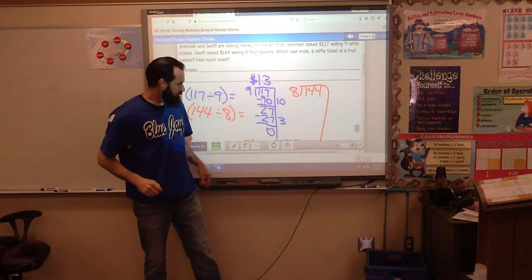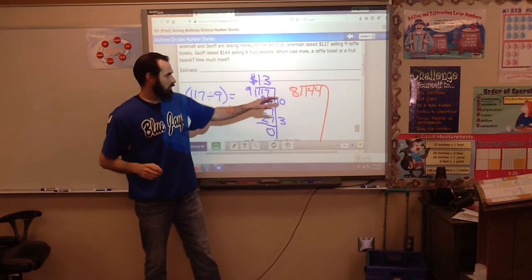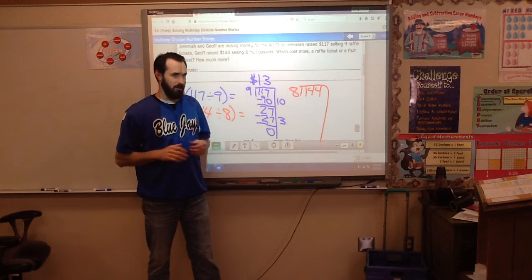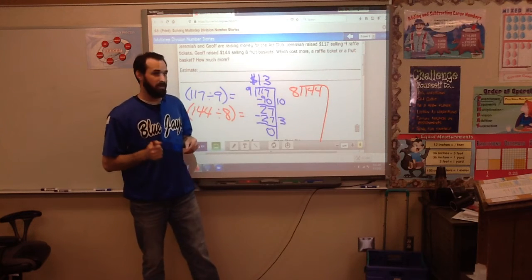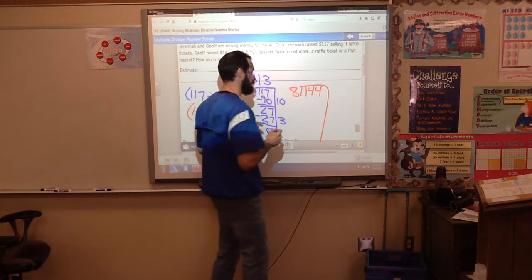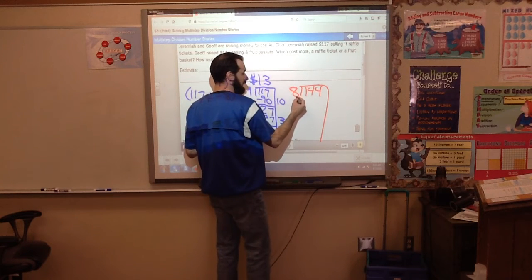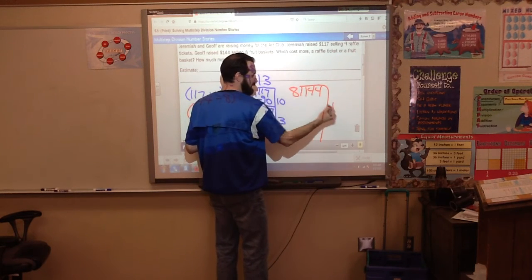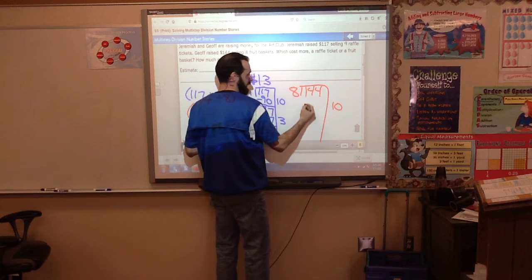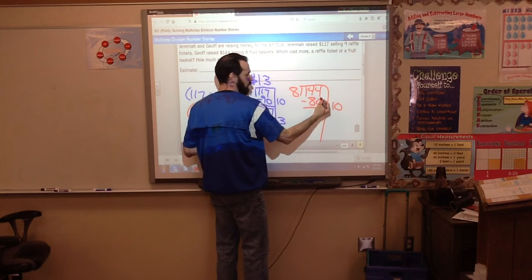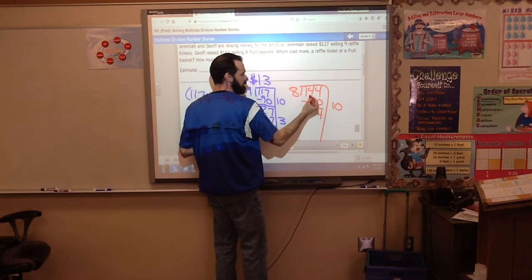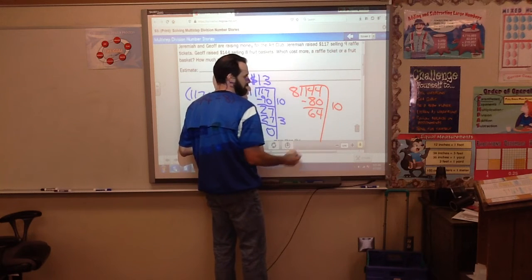Now over here, do this problem if you haven't already. But here's how I would solve this one. If you haven't solved it, pause it and do it. Okay, I know that 1 8 can go into 14, so that means 10. 8 times 10 is 80. 4 minus 0 is 4. 14 minus 8 is 6.